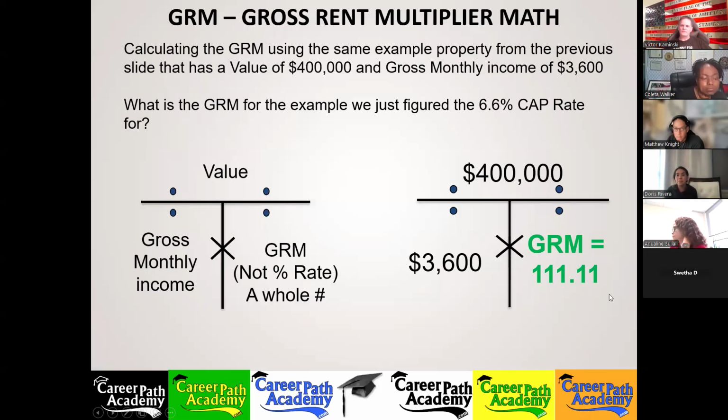So now we could find another similar property that comes on the market, and we can take this GRM and apply it to the other property, and we should be able to calculate what we should offer on it to get that same cap rate of return. I'm guesstimating that the numbers should be approximately the same. Expenses, income.